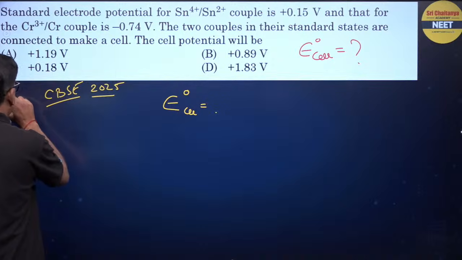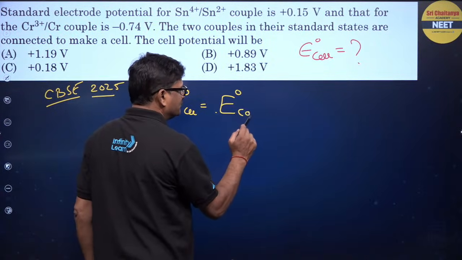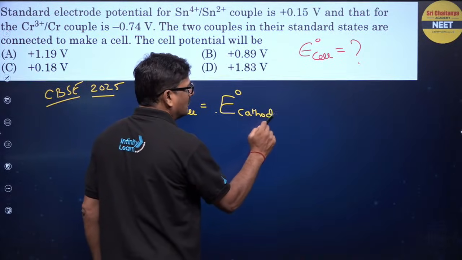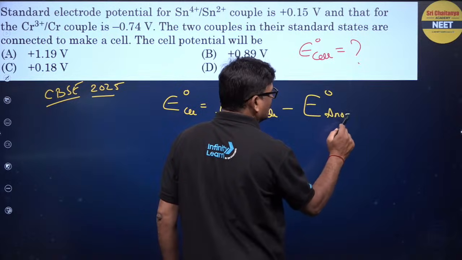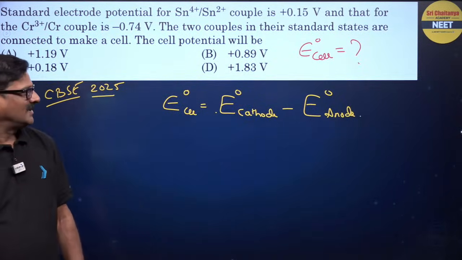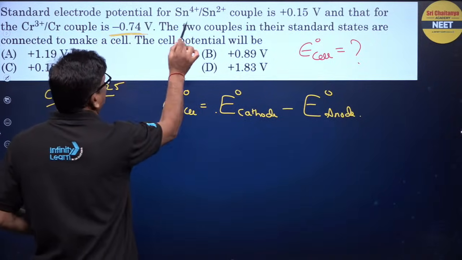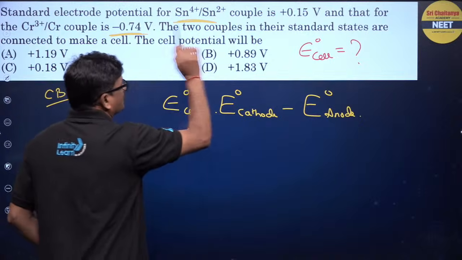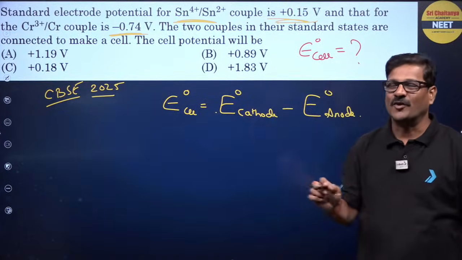E naught cell is going to be E naught of cathode minus E naught of anode. Comfortable, right? Now, between these two values, which will be the anode and which will be the cathode? That is my question. Who will tell how to identify?